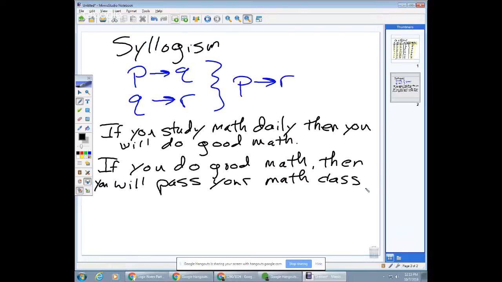So can someone tell me a way I can logically shorten all of that? Study math daily. Yeah, if you study, that's the logical conclusion. Yeah, if you study math daily, you will pass your math class. That final conclusion is the syllogism based on the previous two.